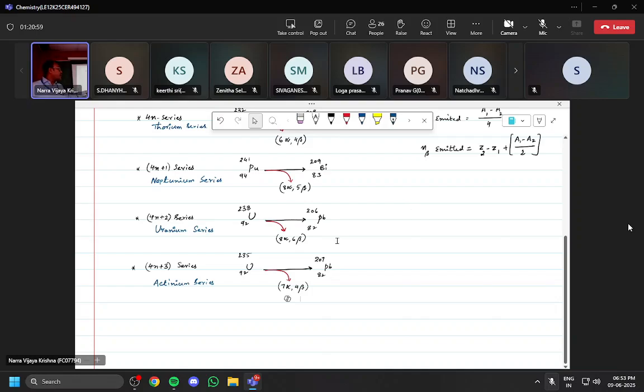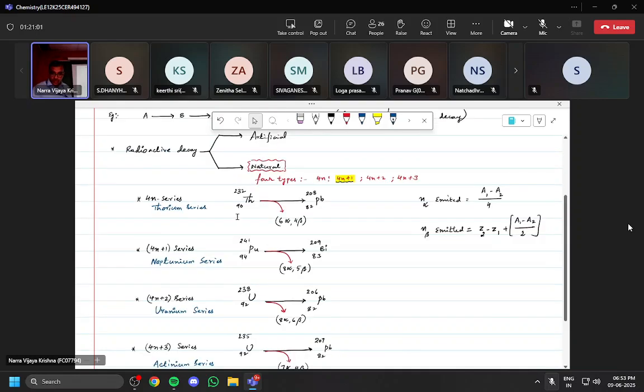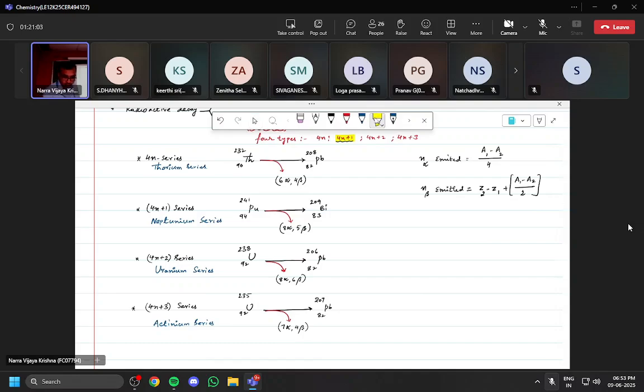So all these are natural decay processes, but this one is no longer natural now, because among all these decay series, this has the lowest half-life. If it has the lowest half-life, it has already gone to completion. So now there is no 4n+1 series.